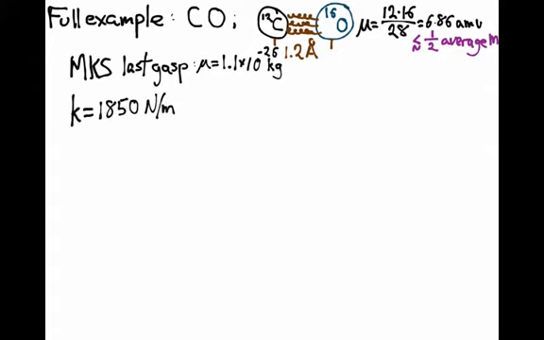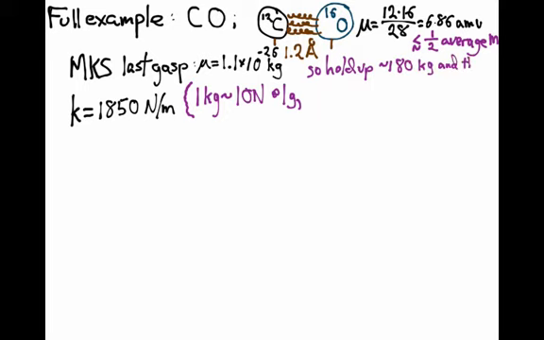The spring constant of that bond happens to be 1,850 newtons per meter. That's a ridiculous number to use for a bond, but it is the MKS value. Just to give you a sense, a kilogram is about 10 newtons in one gravity.